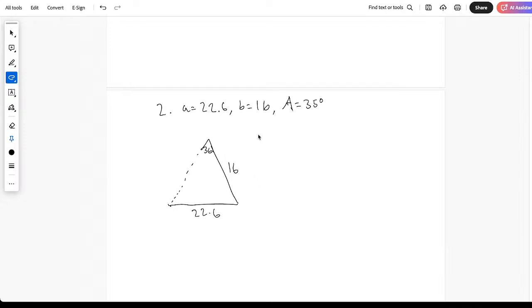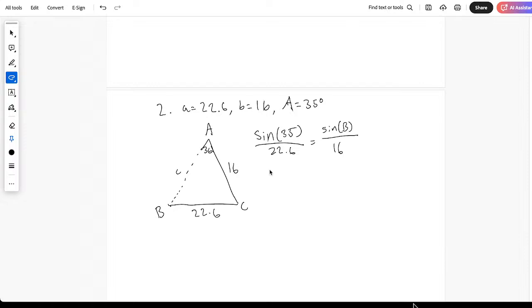So we can do the sine of A, which is 35, over 22.6, and this can equal, let's just label this so it makes sense to us, this would be little c. This equals the sine of B over 16.